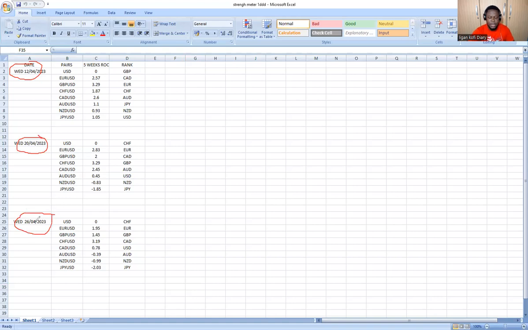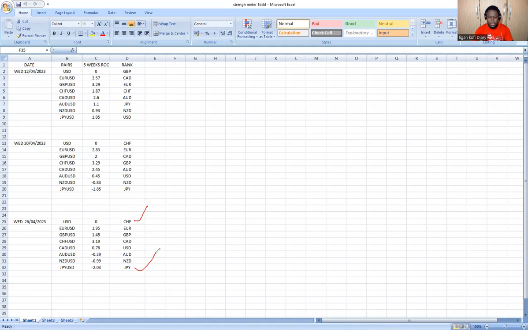Last week, Wednesday, I did this and I got these currencies. And I told you that once you do this analysis on Wednesday, just as I do, if you want to follow me on Wednesdays, you do it on Wednesdays. When you do, the stronger currency and then the weaker currency, pick the two and pair them.